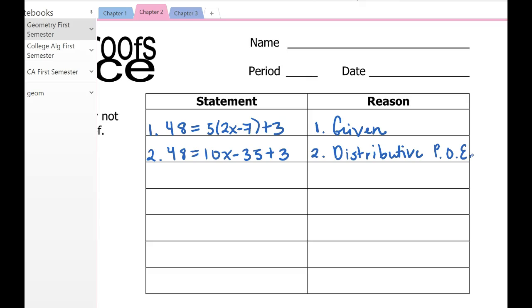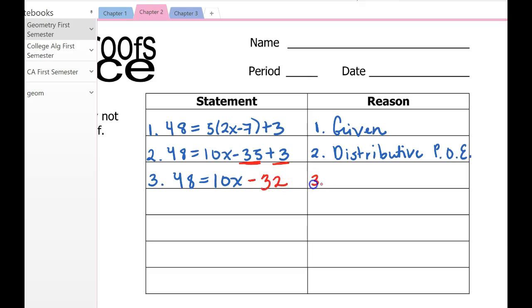Okay, let's go to line 3. Think about this equation. What would you guys do next in this? Simplify, yes. Awesome. Josh even said our reason for what he's doing. He's adding negative 35 plus 3. He's simplifying those two numbers. So I'm going to go ahead and do that, and I would have 48 is equal to 10x, and then negative 35 plus 3 would combine to be negative 32, right?